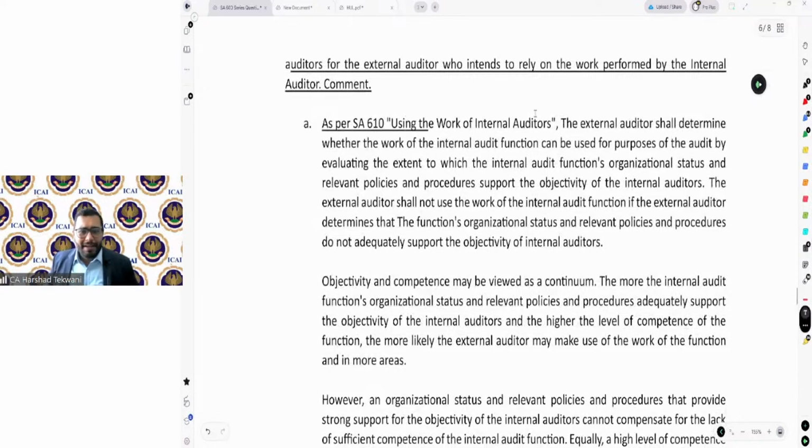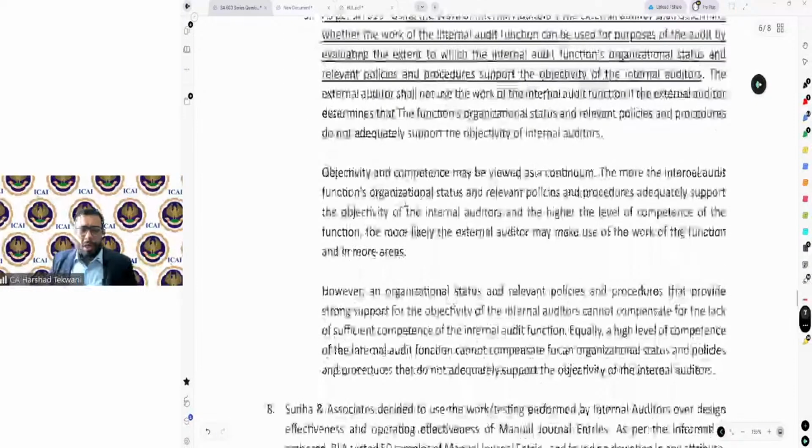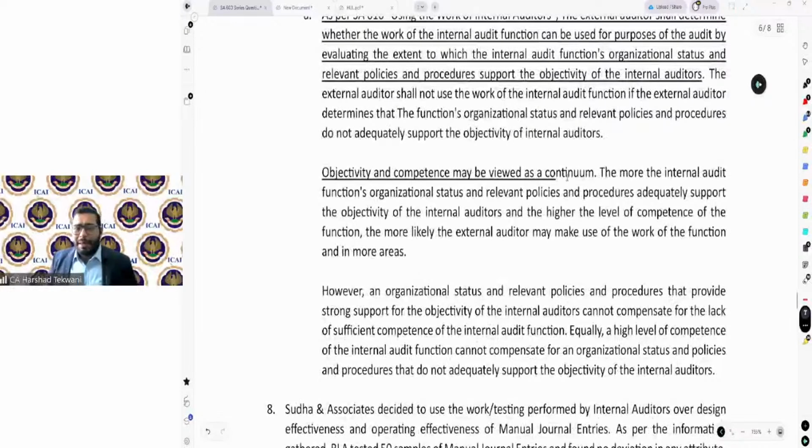As per SA 610, the external auditor shall determine whether the work of the internal audit function can be used for the purpose of the audit by evaluating the extent to which the internal audit function's organizational status and relevant policies support the objectivity of the internal auditor. Objectivity and competency may be viewed as a continuum.